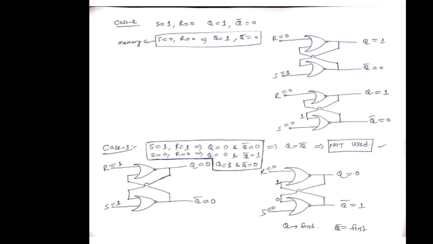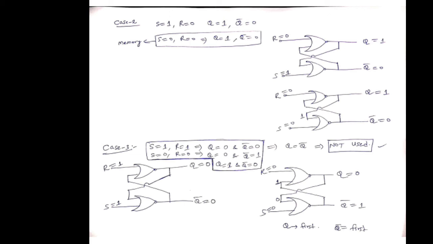You can see the case number 2. S is equal to 1, R is equal to 1. From the second NOR gate, you can observe, if any one of the inputs of this NOR gate is 1, the output is going to be 0. That means Q bar is equal to 0. This Q bar is given to one of the inputs of this first NOR gate.